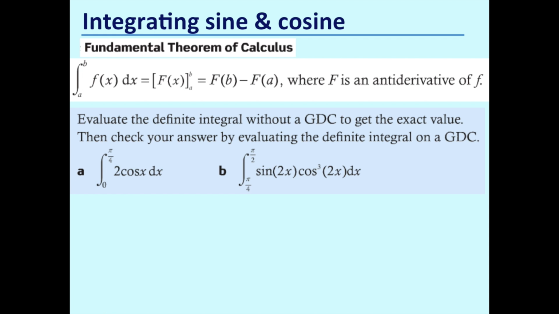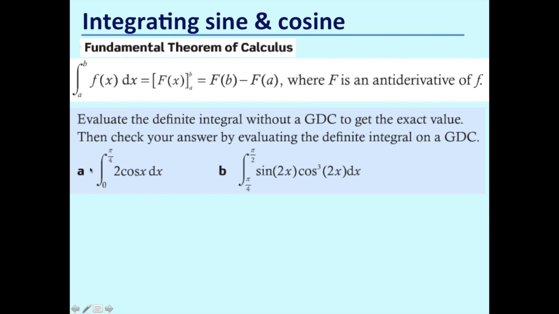Another couple of questions then here in terms of finding the exact value. So the fundamental theorem of calculus, to, for instance, find the area under a curve. We have been given two functions here. We're asked to find the definite integral without a GDC and then to check this using the GDC.